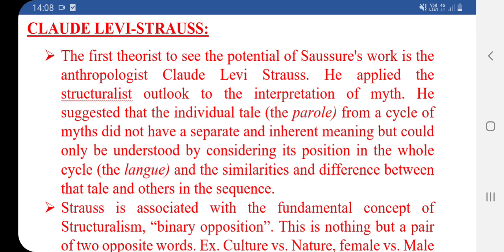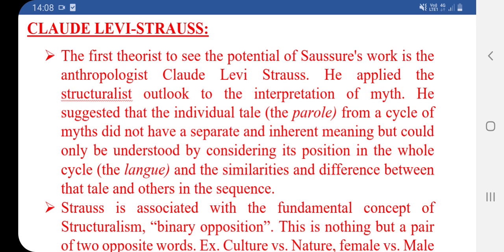Therefore, what he does is that he took the idea of structuralism as posited by Saussure and applied it in the field of myths by seeing the similarities and differences between one particular mythic tale and others in the sequence or in a particular system.